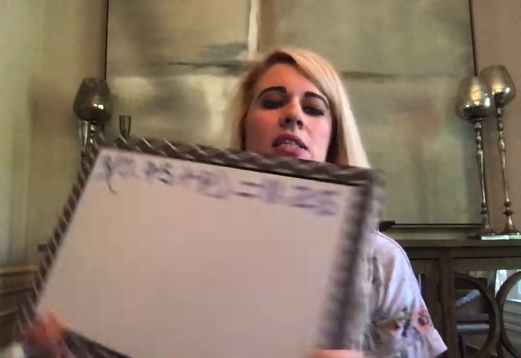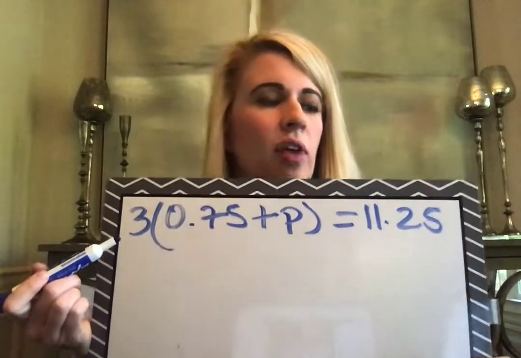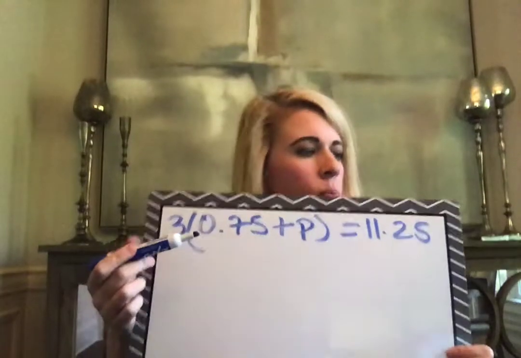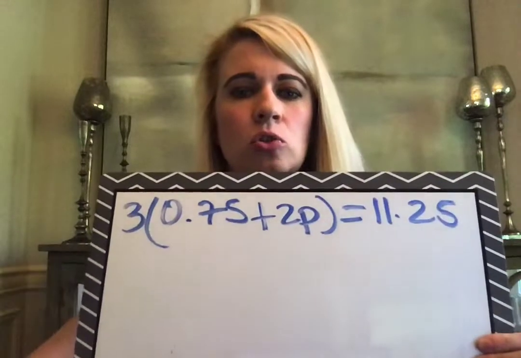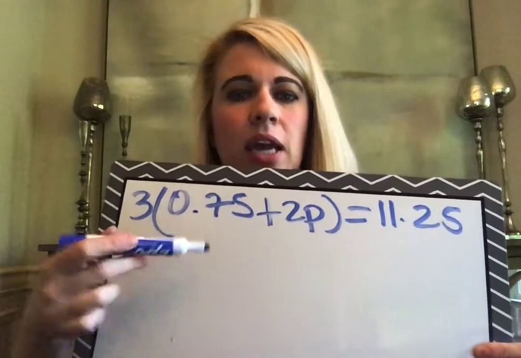Okay, so now this is what it looks like. Since there are 3 friends, they each bought a drink and they each bought 2 slices of pizza. I'm sorry, not just P, 2P, plus 2P since there's 2 slices. Okay, so now you're going to distribute your 3 times this and your 3 times the pizza.